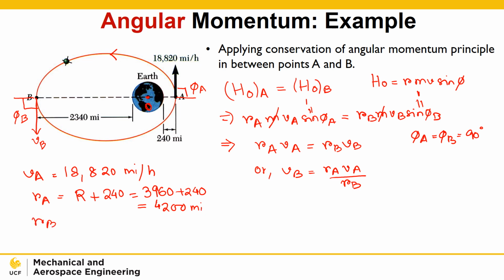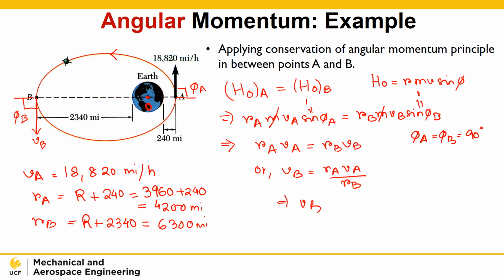Similarly, r_B is the radius of the Earth plus the altitude 2,340. So if we add 3,960, we get 6,300 miles.